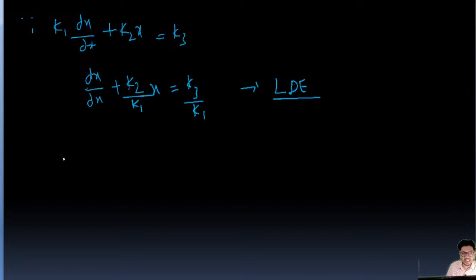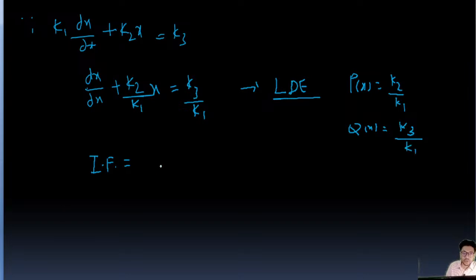For that we first find the integrating factor. Here P(t) is k2 upon k1 and Q(t), if we compare with the general equation, is k3 upon k1.